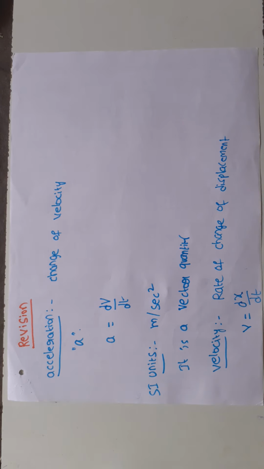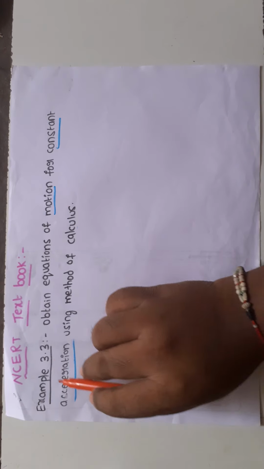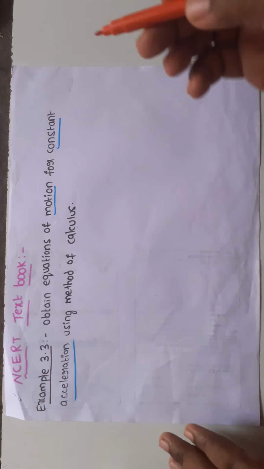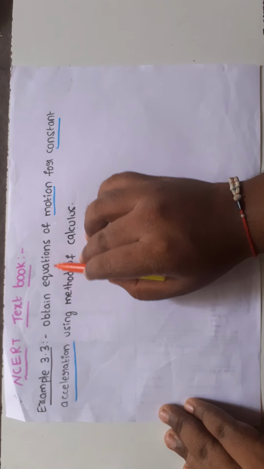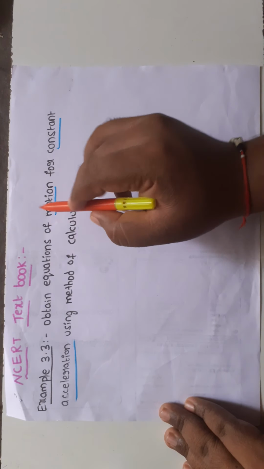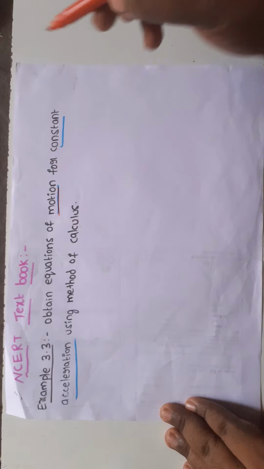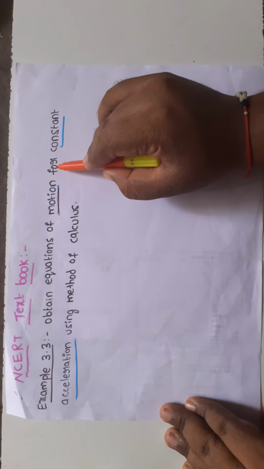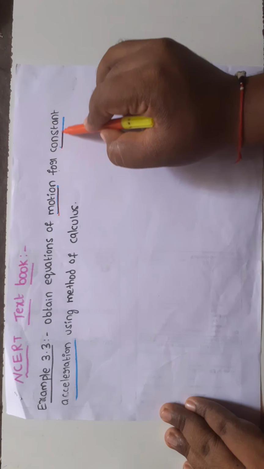These are all the topics, all points discussed in the previous video. In this video, we will discuss example 3.3 in the NCERT textbook. Obtain equations of motion. A body is in motion, and we derive the equations for constant acceleration.